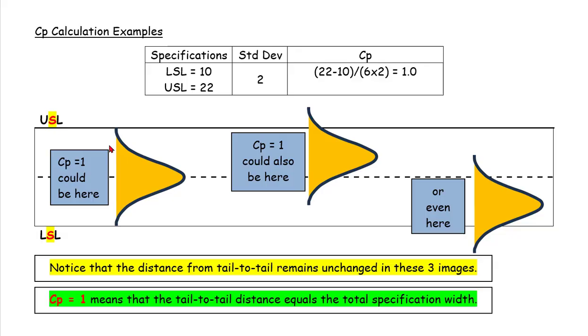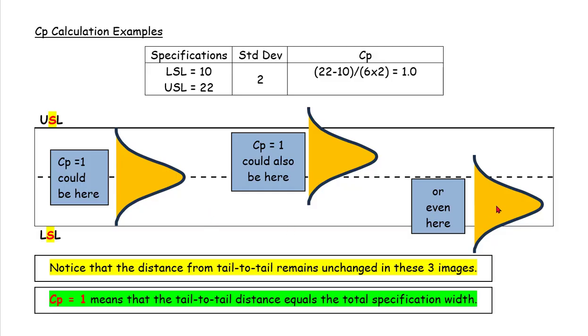If you have a CP equal to 1, it means the distance from here to here is the same as our specification limits. Not the location, just think in terms of distance over distance. CP equals 1 could also be here. Why? Because this distance from here to there is the same as the distance from here to here.